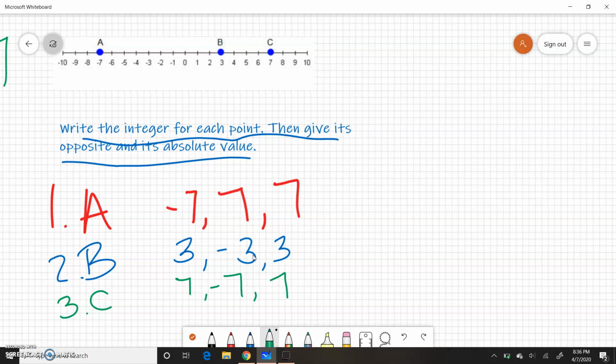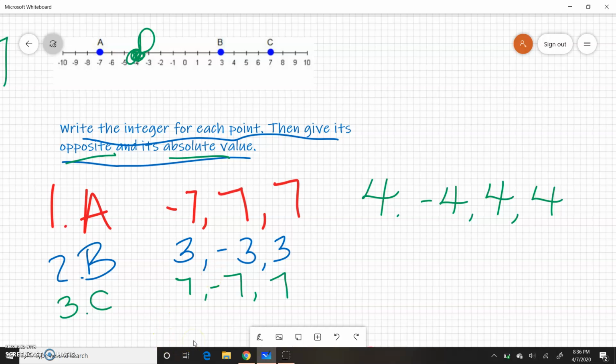So for example, if there was another point right there and it was point D, number 4, it says write the integer, so D is on negative 4. The opposite of negative 4 is 4, and the absolute value is 4 because it's 4 places from 0. So make sure you put your answers in order so that I know that you understand what each of those things is.